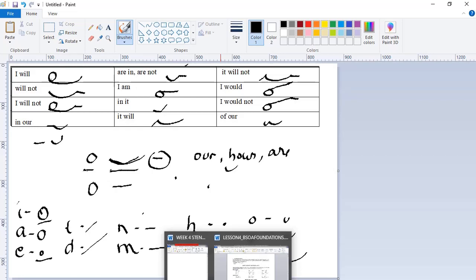All you really have to do is have patience and of course spend time reading your modules, watching these videos and writing. Writing is very important. The more you write, the more familiar you become with these strokes, and the easier it will be for you to understand, to transcribe, and to use this shorthand writing. Okay, so that's it everyone.